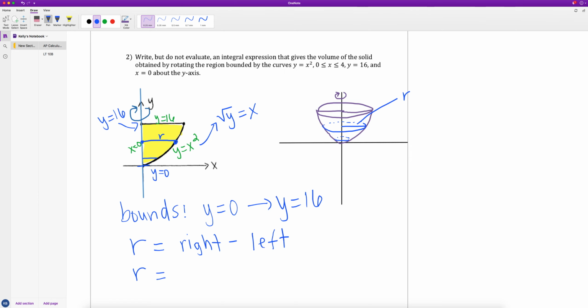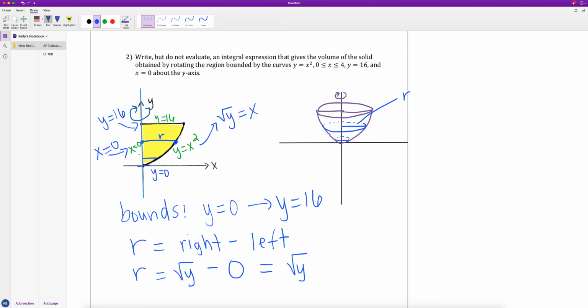So that tells me that my radius is going to be the square root of y minus, now let's get the left curve. Well, the left curve in this case is x equals 0. This is already in the exact form that I want it. X is already isolated, which means my left curve is actually just 0, since I'm subbing that in for what x equals. Simplifying that down, I get that my radius is the square root of y.